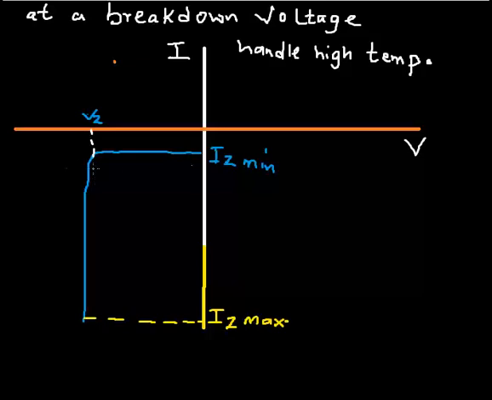But in the case of the Zener diode, the minimum current that flows, the reverse saturation or leakage current, we call the minimum Zener current. The maximum current that can flow after the breakdown is IZ maximum, the maximum Zener current.